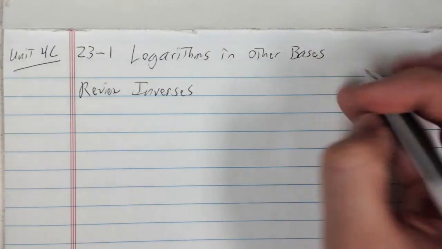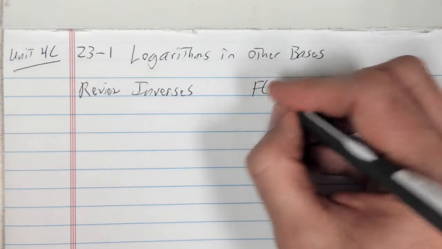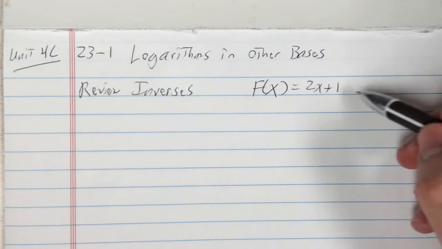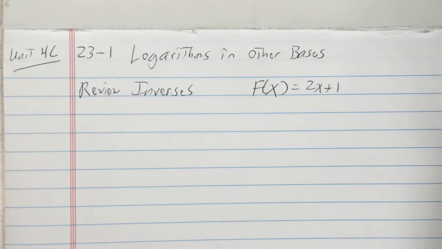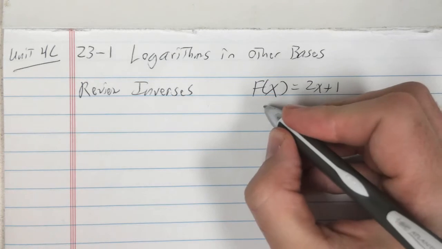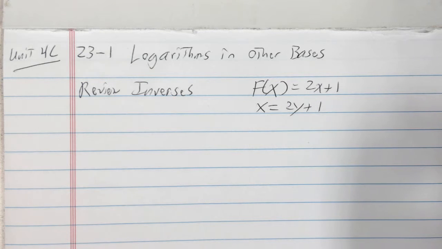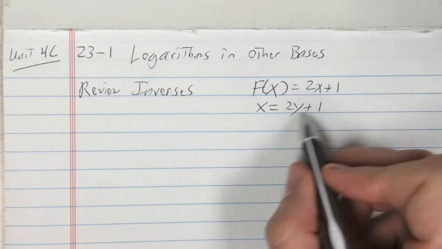All right, so if we have f of x is equal to 2x plus 1, we want to say, what is the inverse of that? To find an inverse, you flip the x and the y, and so we're going to have x is equal to 2y plus 1, and then we're just going to solve for y.